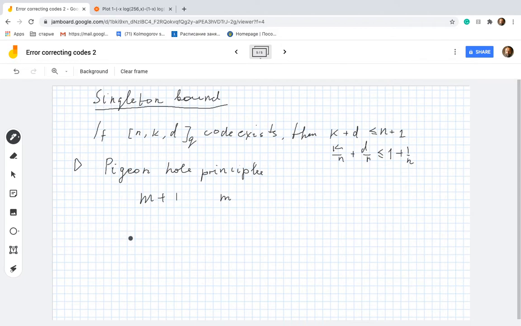And in our case, the pigeons will be the code words. So we will consider q to the m code words. In each code word, we consider the first k minus 1 letters of that word, and there are q to the k minus 1 ways to choose those k minus 1 letters, and these will be our holes.